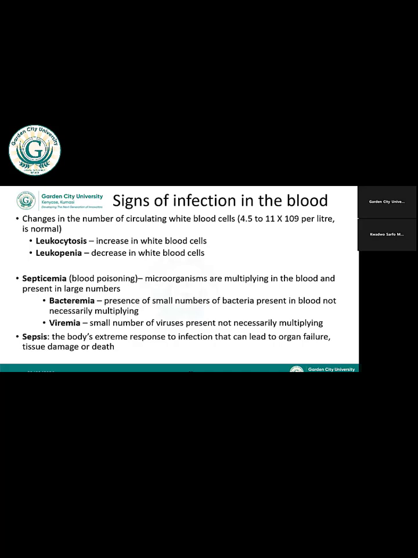So this extreme response can sometimes lead to organ failure or tissue damage, or sometimes death. This is what is referred to as sepsis. So septicemia is when you have the microorganisms in the blood, but sepsis has to do with organ or tissue damage as a result of the body's extreme response to an infection.